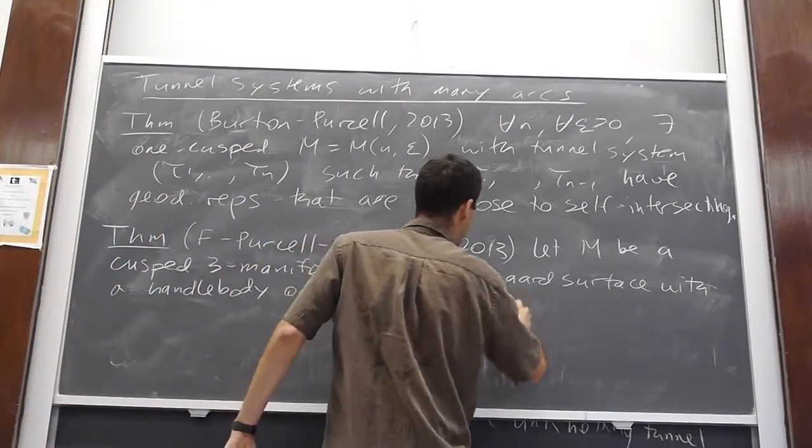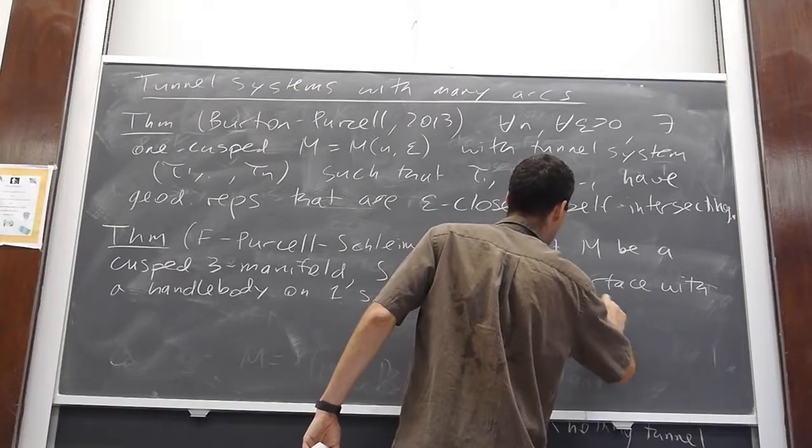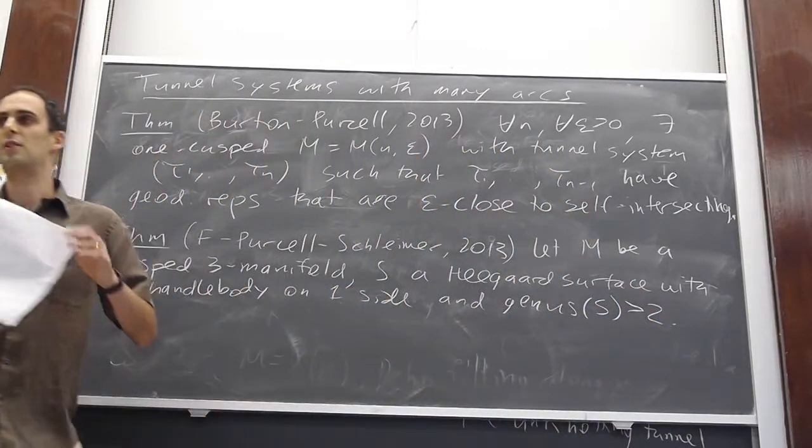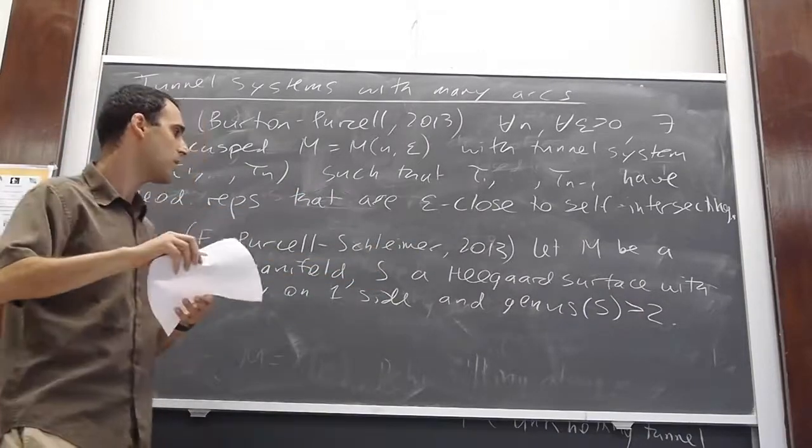And genus strictly greater than 2, so we won't do this for genus 2 or a single unknotting tunnel, but everything else works.